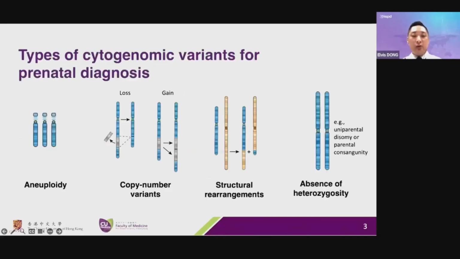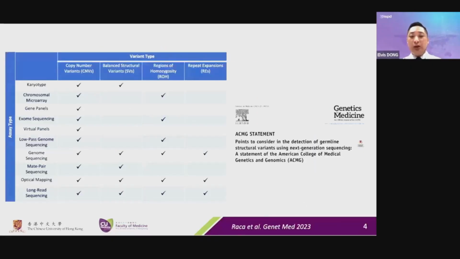For current cytogenomic analysis in prenatal diagnosis, we look for variants in aneuploidy, copy number variance, structural rearrangement, as well as regions with absence of heterozygosity. In 2023, ACMG published a practical statement on the detection of germline structural variants.